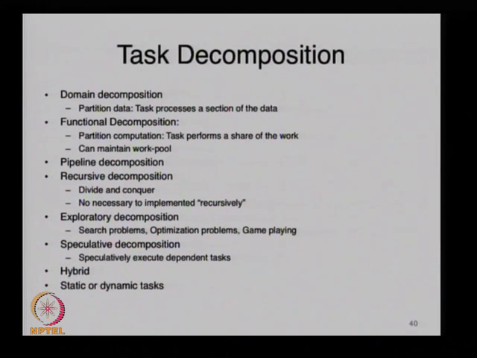So I might say, instead of running all these tasks and determining how many subtasks each generates, let me generate, if I can, all the subtasks that might have been generated, run them, and then once that parent task is complete, I'll know which of these subtasks I actually needed to run, take the results, and discard the remaining ones.